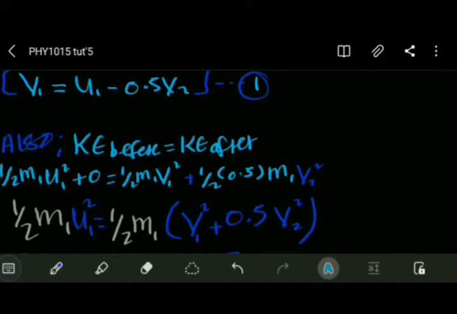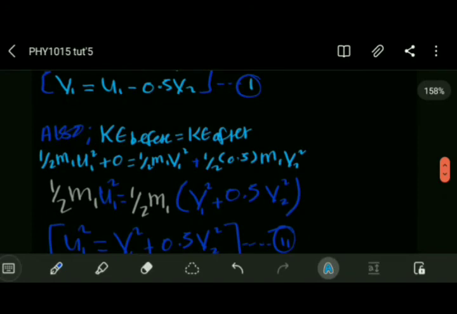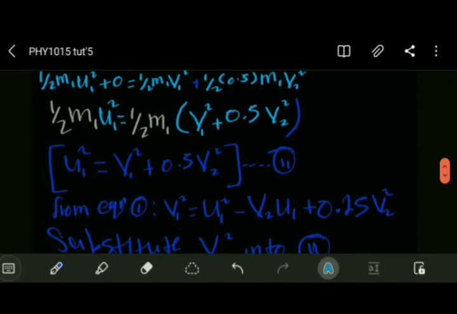We factor out the half m1 and remain with u1 squared equals v1 squared plus 0.5 v2 squared. We call this equation 2.